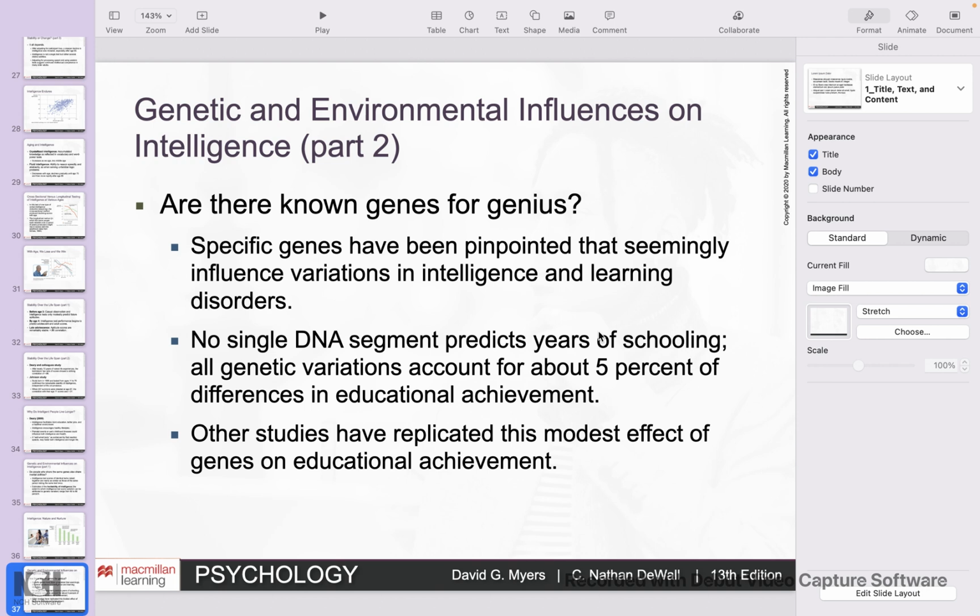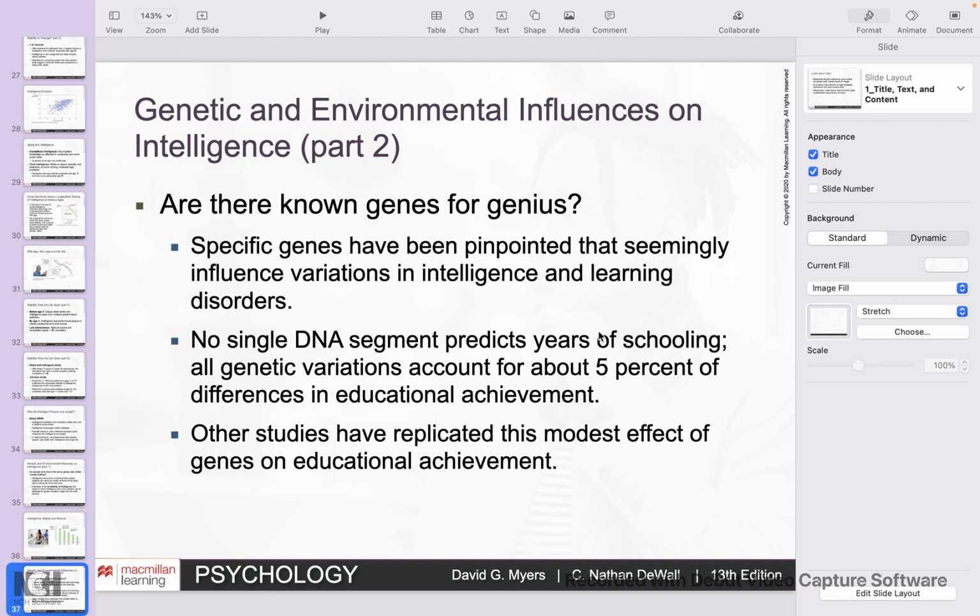We know that there's no single DNA segment that can predict one's years of schooling or educational achievement. Genetic variations account for about 5% of differences in educational achievement. That's a really small percentage, and other studies have replicated this very modest effect of genes on educational achievement.